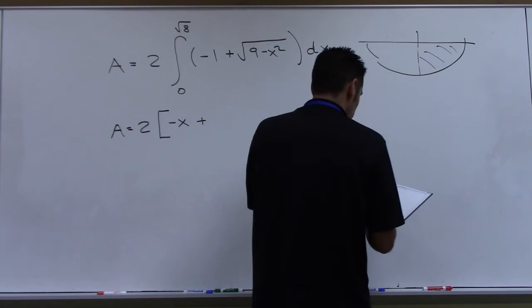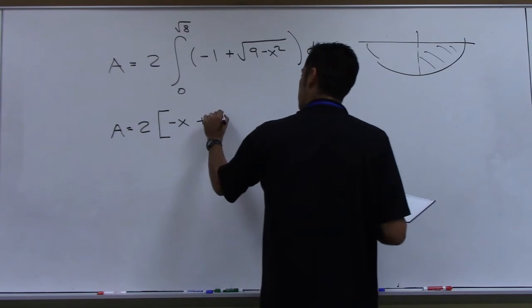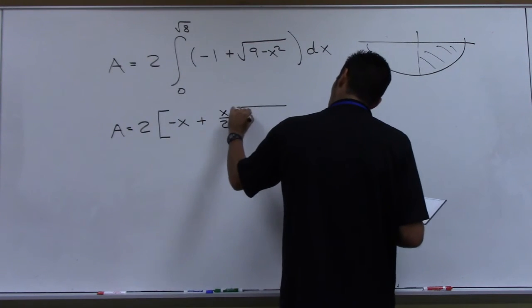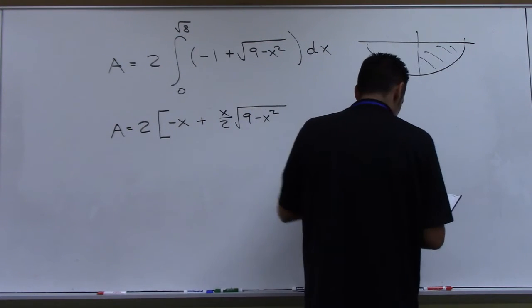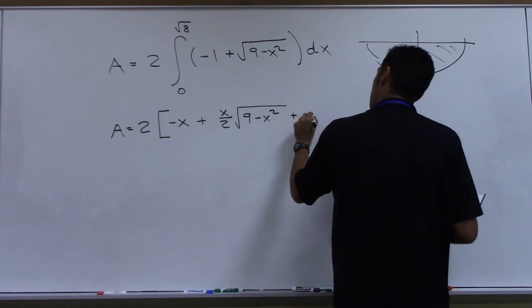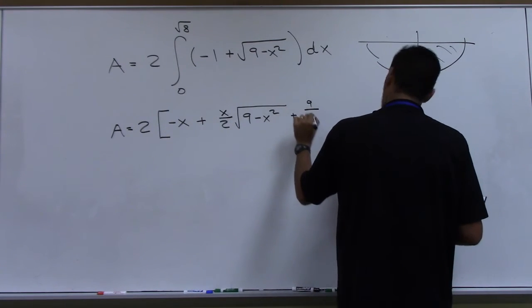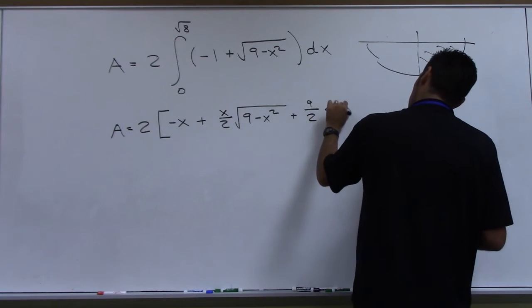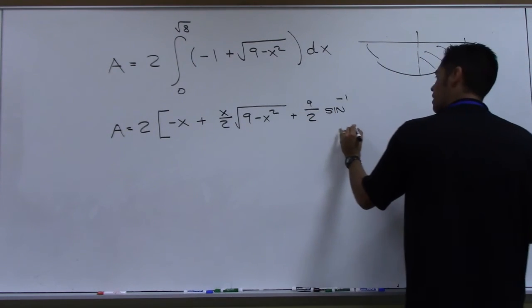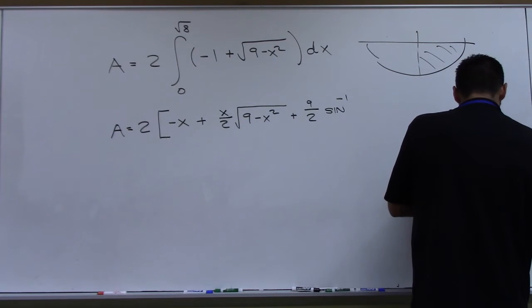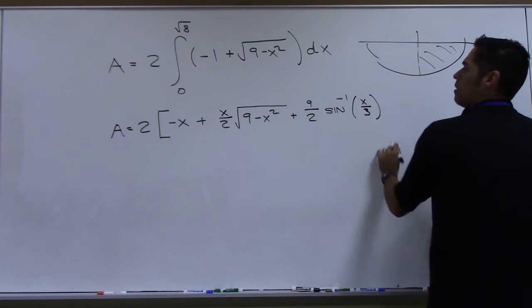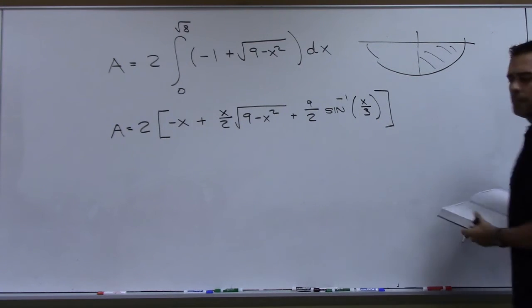So according to formula 30, it's going to be x over 2 times the square root of 9 minus x squared, plus 9 halves arc sine of x over 3, and that's it.